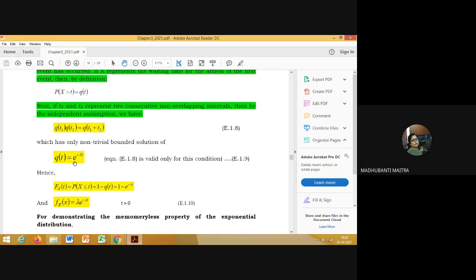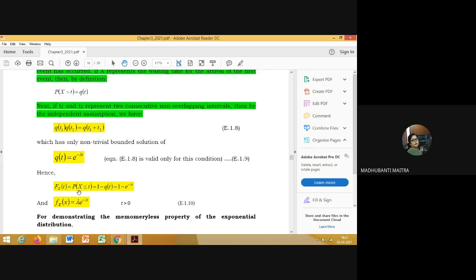So from the definition of the distribution function, we know that F_X(t) is equal to the probability that X is less than or equal to t, right? That is the definition of the distribution function. So F_X(t) is equal to the probability X less than or equal to t, which will be equal to 1 minus q(t), because q(t) was the probability X greater than t.